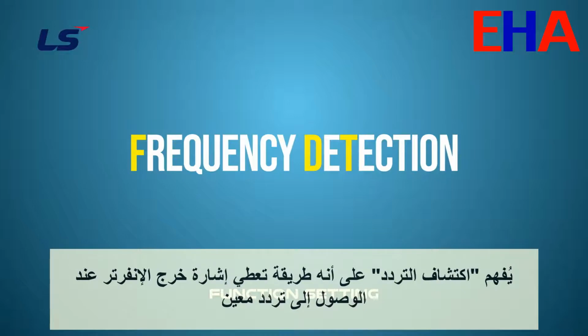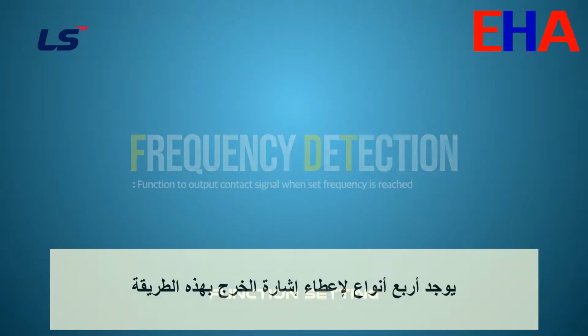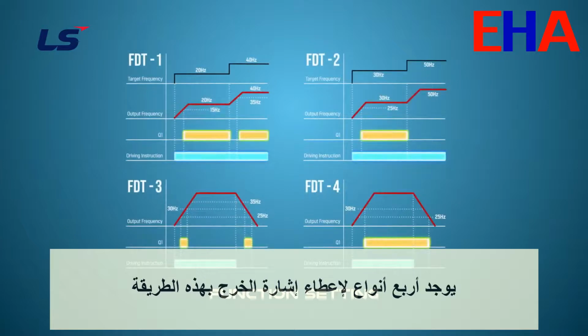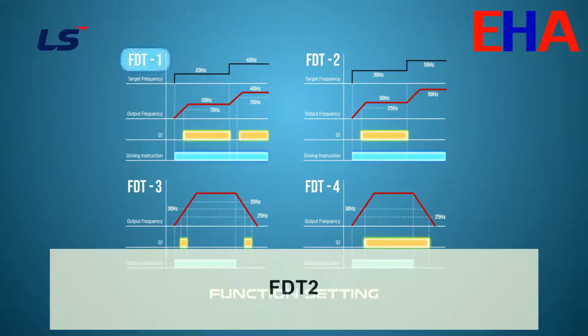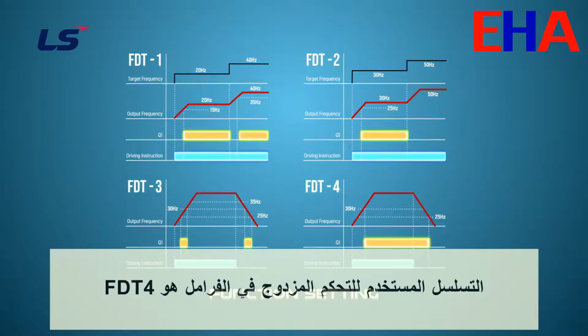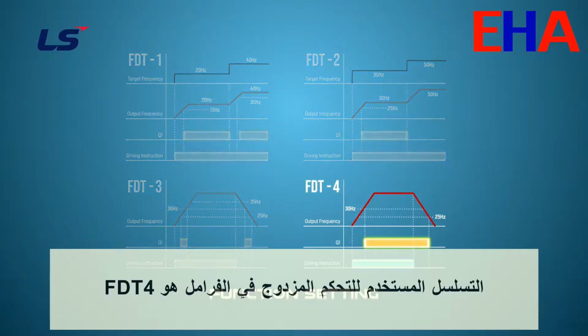Frequency detection is understood as the function to output a contact signal when a set frequency is reached. There is a total of 4 ways of exporting a contact output, and one function can be set between FDT1, FDT2, FDT3, and FDT4. The sequence used for dual brake control is FDT4.